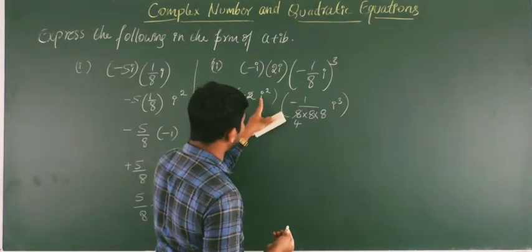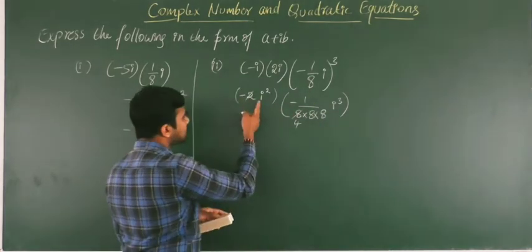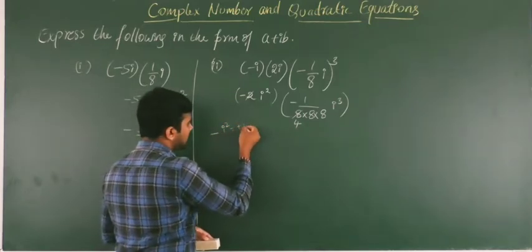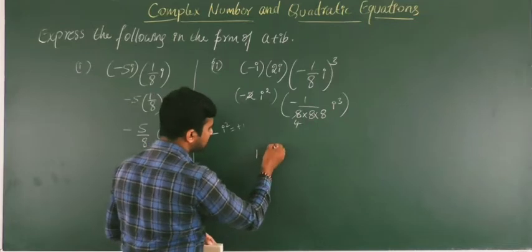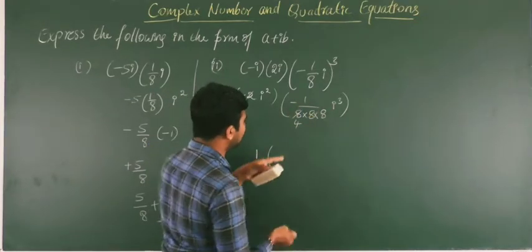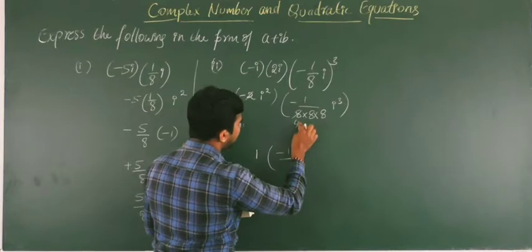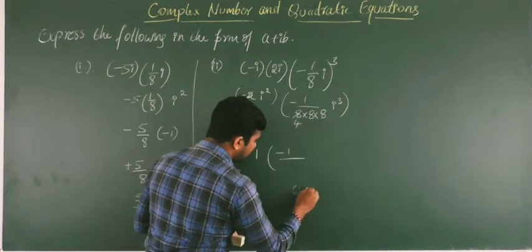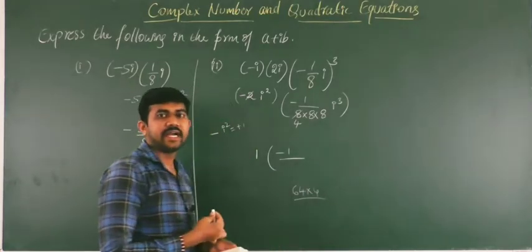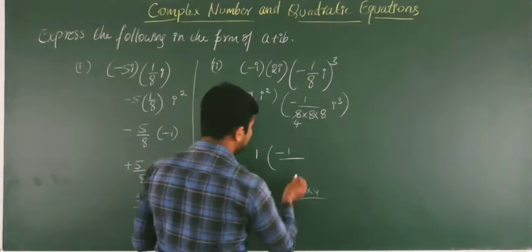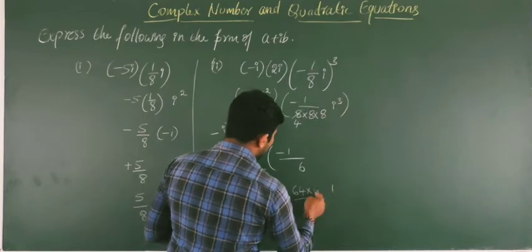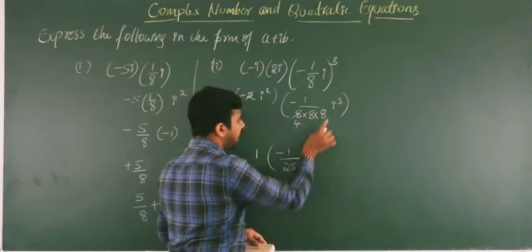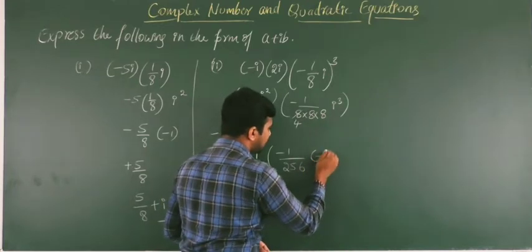Before that, write the value of i square and i cube. i square is equal to minus 1, so minus i square is nothing but plus 1. So 1 into minus 1 divided by 8 into 8, 64, and 64 into 4, we will get 256. i to the power 3 is nothing but minus i.